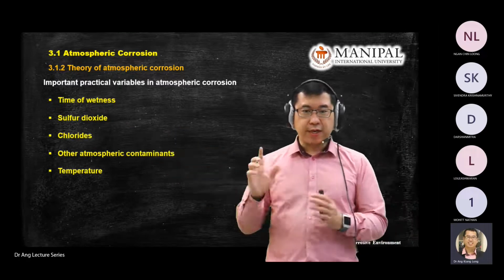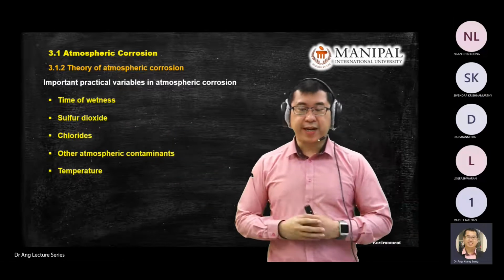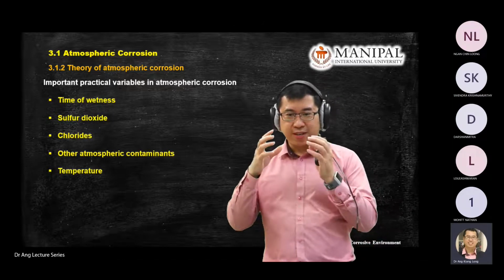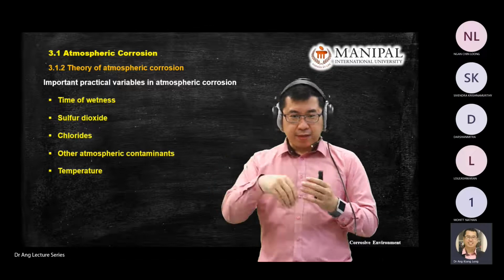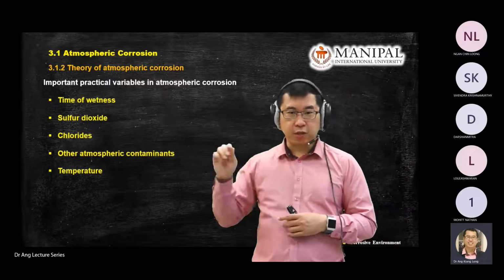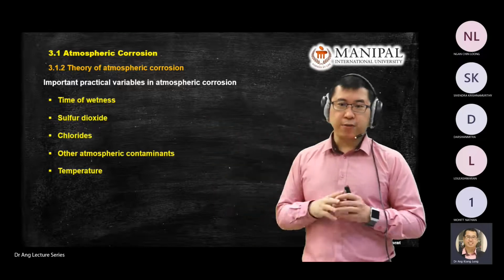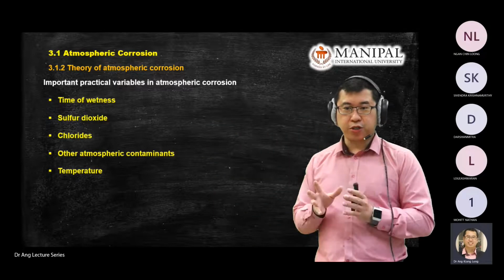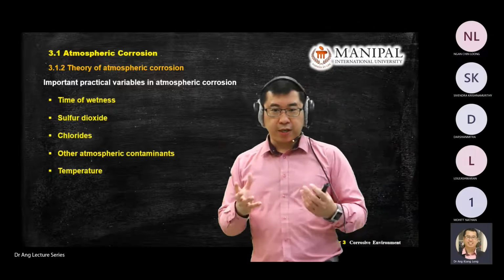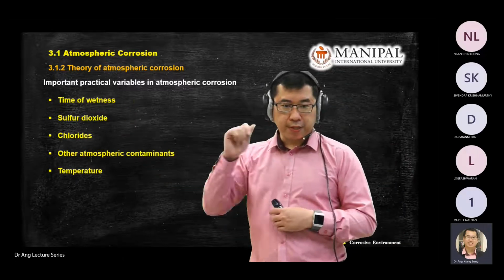So again, I use the word humidity rather than liquid solution. When your metals dip into solution, it becomes aqueous corrosion, which is in chapter 2 already. So chapter 3 is more on humidity, moisture. We use the word moist or humidity when we talk about wetness.